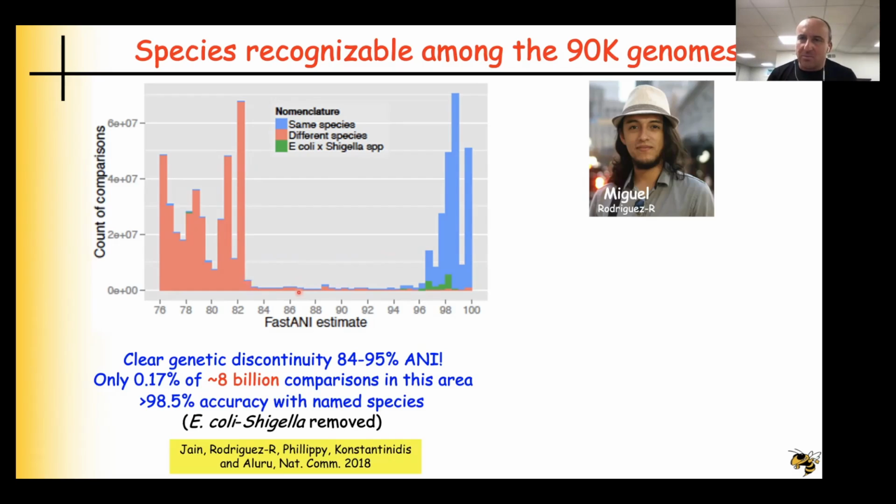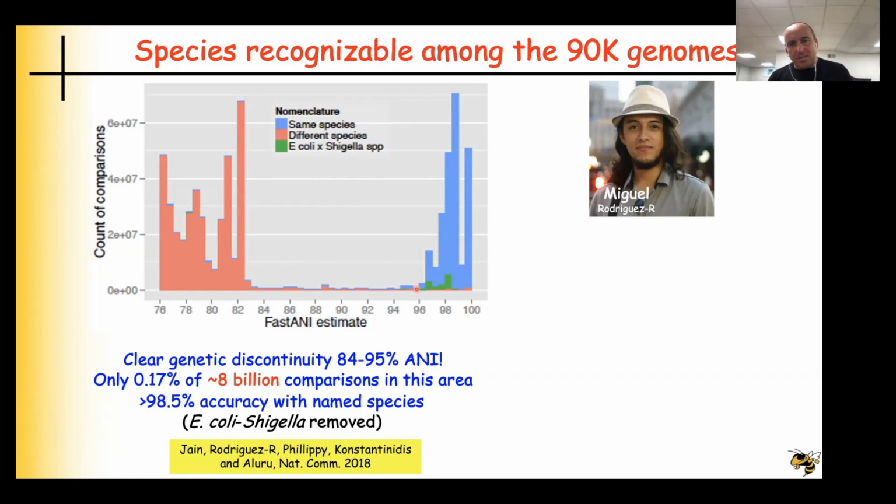There is a clear bimodal distribution between 84 and 96. That's what we call the gap in ANI, meaning there are much fewer points there. It's not 0 points, but there are much fewer compared to either being very closely related or distantly related. This was quite surprising to us, because it indicates that maybe species exist, and the 95, 96% ANI is a good threshold to define them.